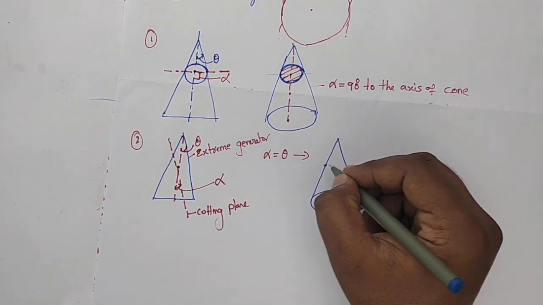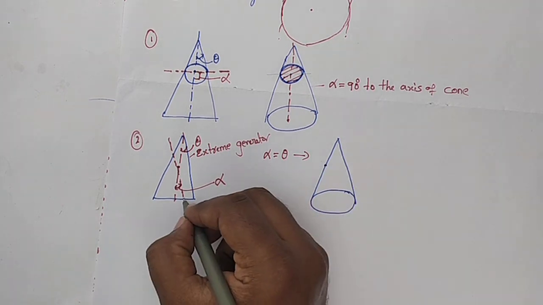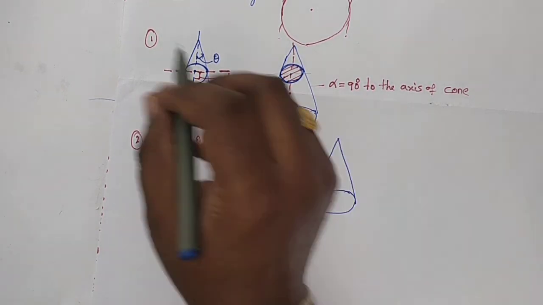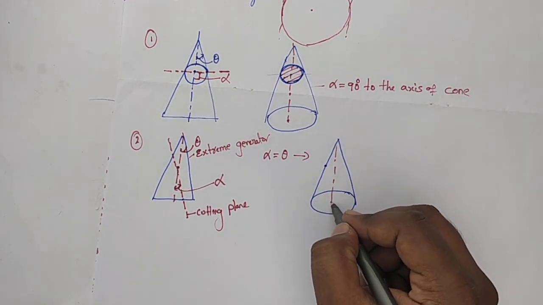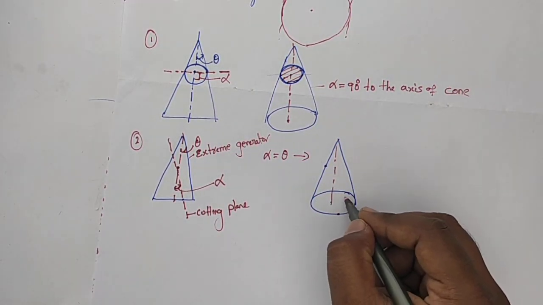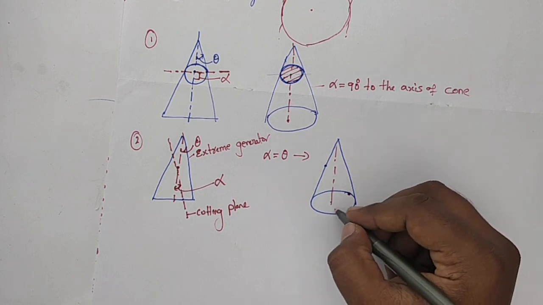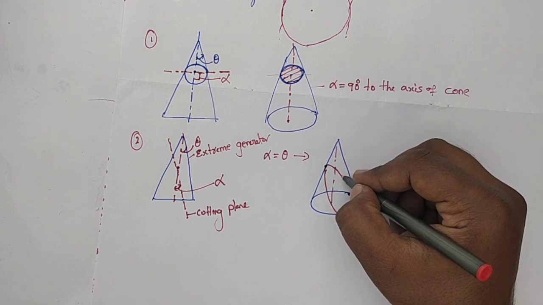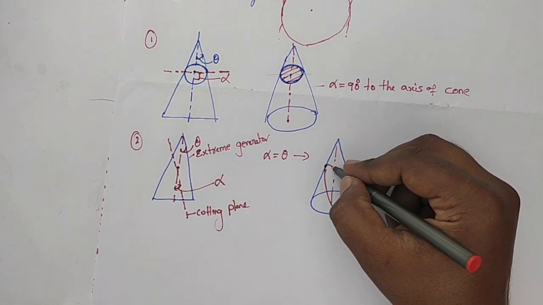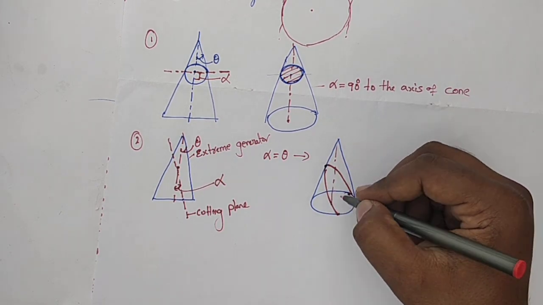Observe how the curve should be. This is the cutting point and this is the axis. The base is cut at two different points. This is the parabola.